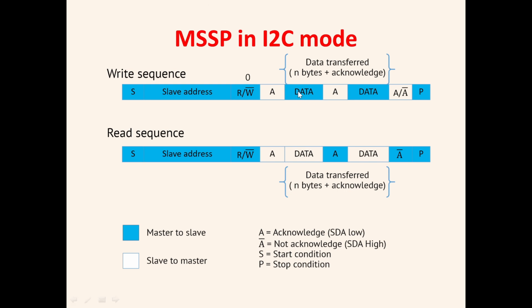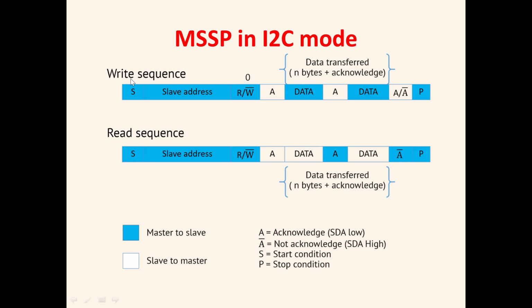After every transmission, be it the slave address or the data, the slave has to respond to the master with an acknowledgement or no acknowledgement condition. At the end, there could be a possibility to add your stop bit. P is nothing but your stop bit. So this is the write sequence for your MSSP module.